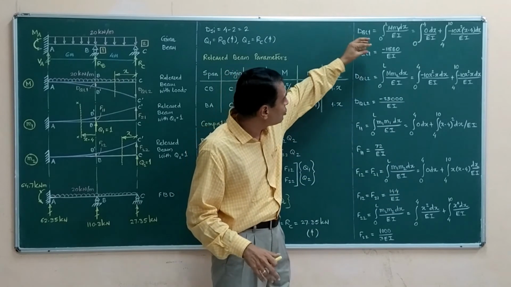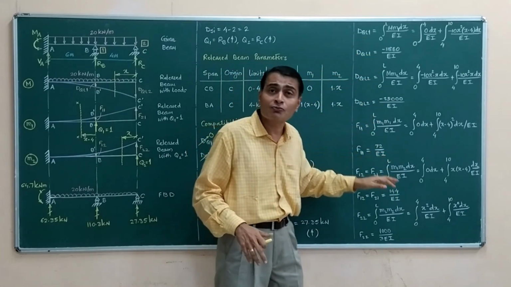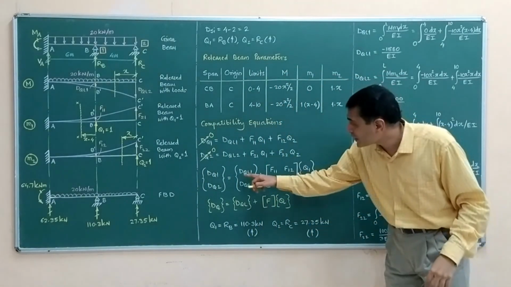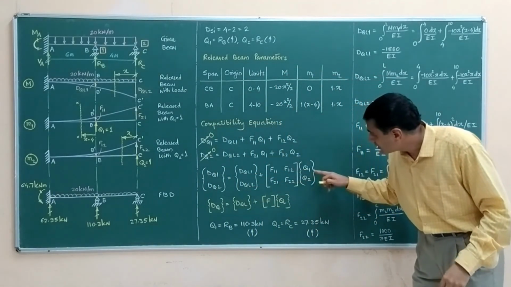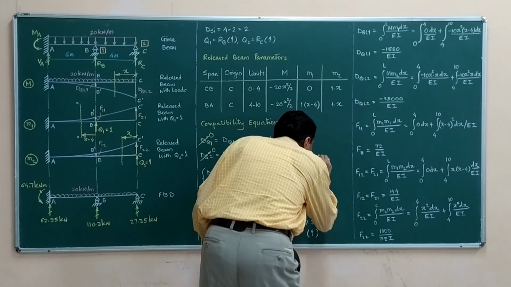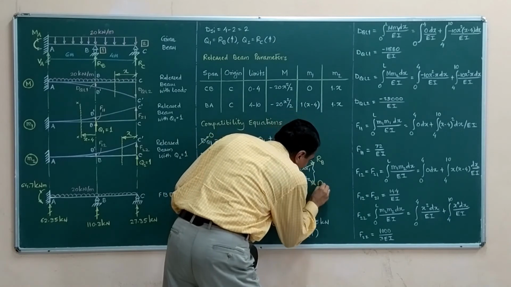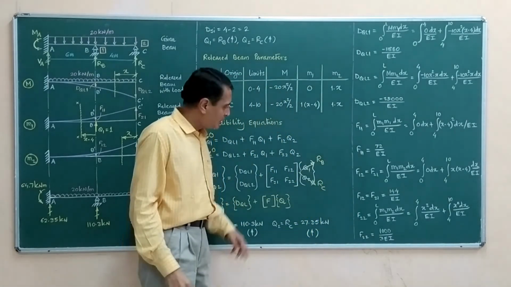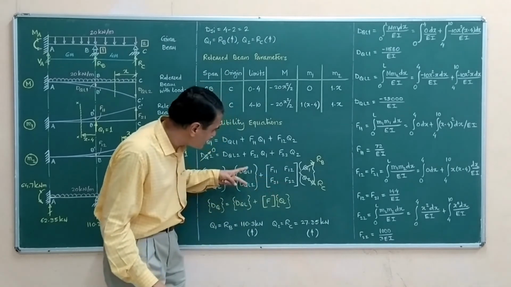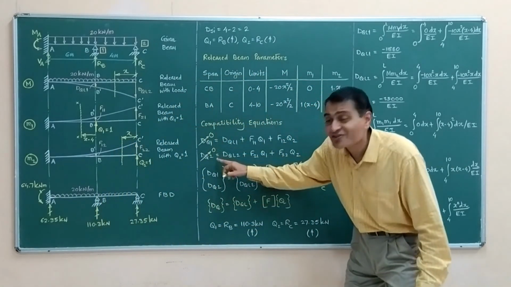Now your DQL1, DQL2, F11, F12, F21, F22, you substitute here. This is unknown, Q1 is nothing but RB. This is unknown, Q2 is nothing but RC. These four you have found. These two you have found. And these two we have already discussed as zeros.